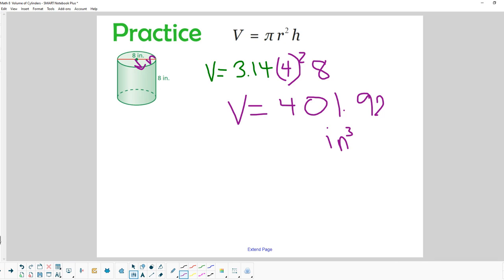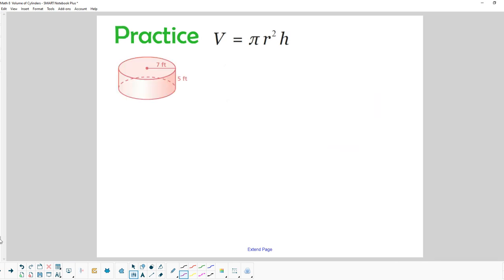Okay, let's keep it going. Here's one that's a little not so tall, a little wider and kind of squattier looking one, but we still use the same formula. So volume equals 3.14 times the radius, in this case is 7, squared times the height of the cylinder.